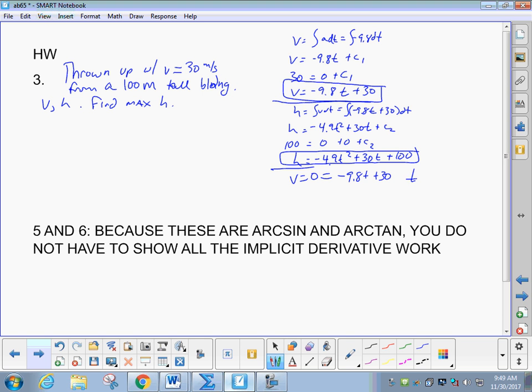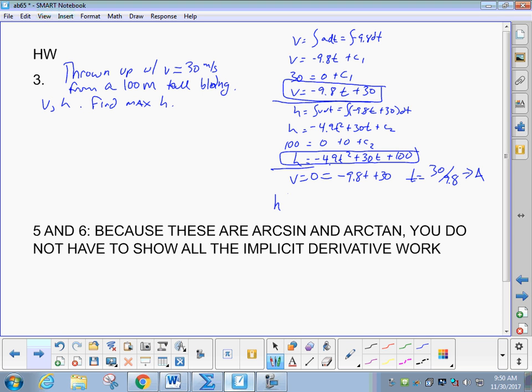So the thing reaches its max height at 30 over 9.8 seconds, but what is the max height? How do I find the max? It's up to you how you put that in your calculator, but if I have to put something that ugly in a couple places, I generally calculate it, store it to A or something, and use that.